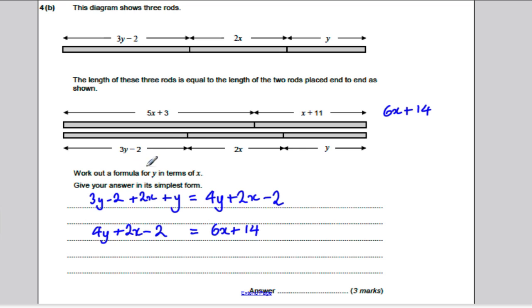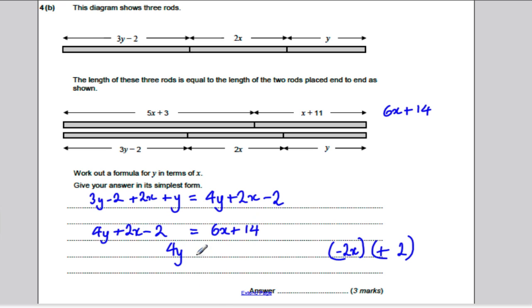Now I want a formula for y in terms of x, so really I want to make y the subject. So I want to remove this plus 2x and remove this minus 2. So to both sides I'm going to subtract 2x and at the same time I'm going to add 2. That will remove the plus 2x here and the minus 2 here, and I'll just get a 4y.